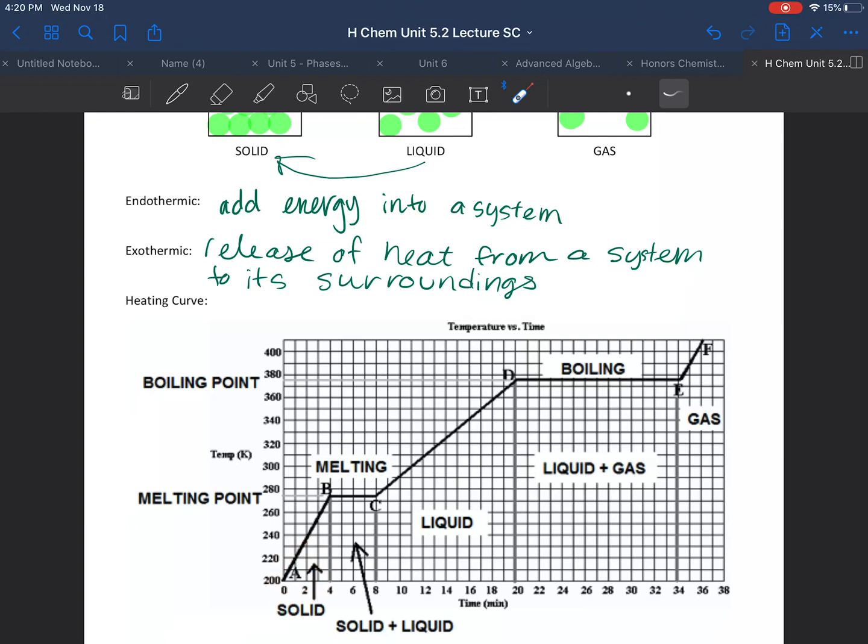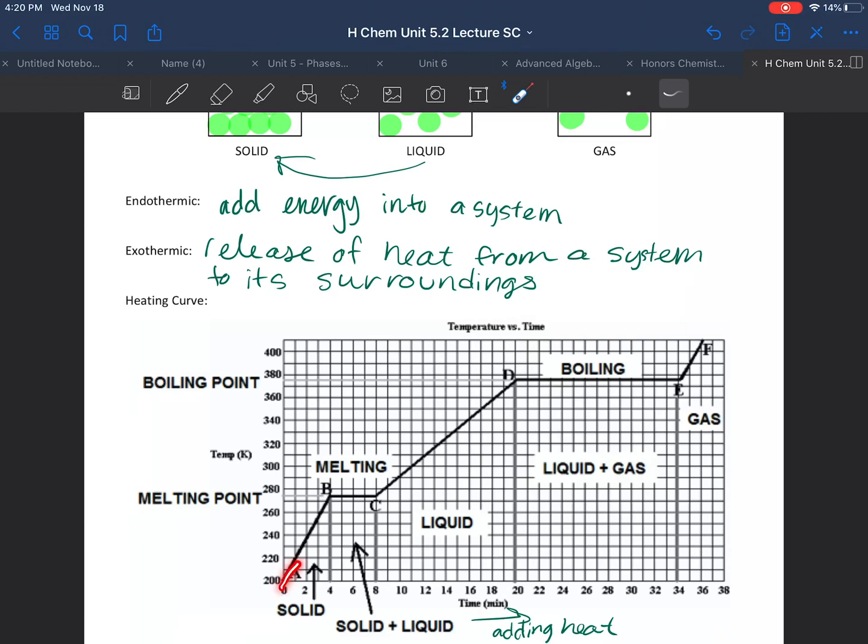As time goes on, think of time increasing as us adding heat. As we start adding heat, these molecules are going to start vibrating a little bit more, until we reach the melting point.